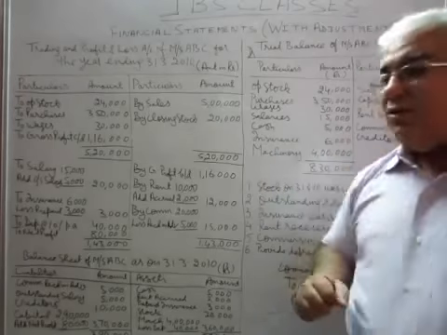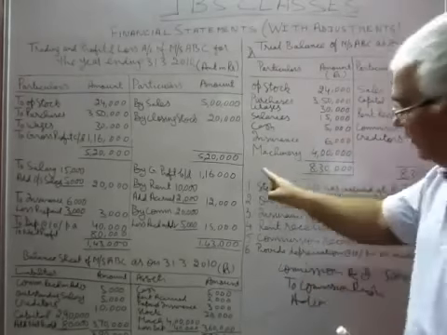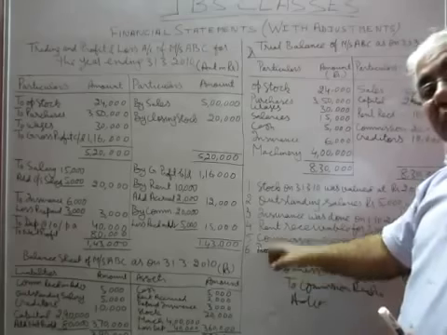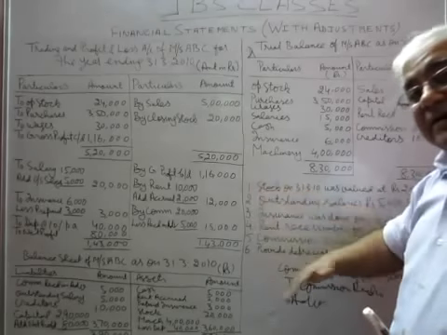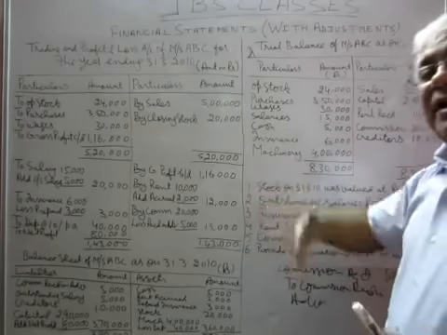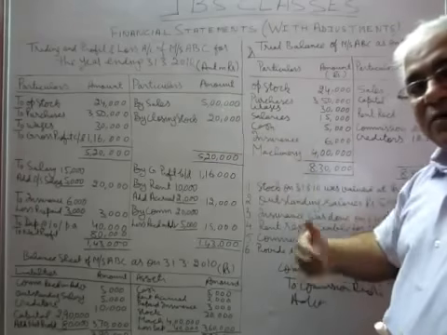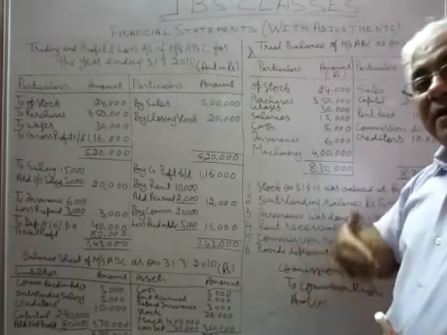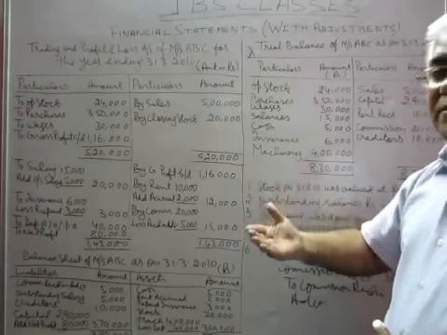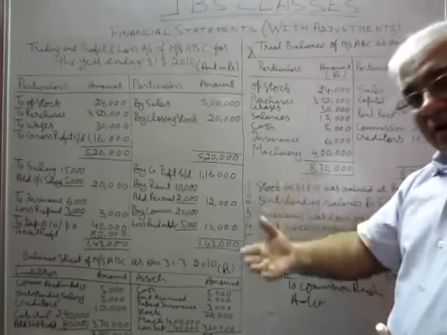Okay, now I will tell you, if whatever adjustments are given to you, after passing these entries, again a trial balance is made and it is provided to you, how to prepare trading profit and loss account and balance sheet from that.